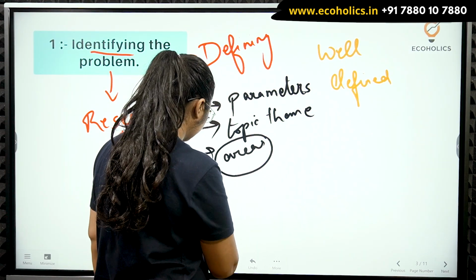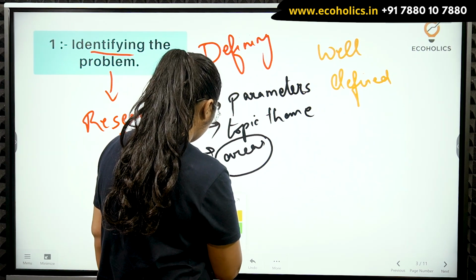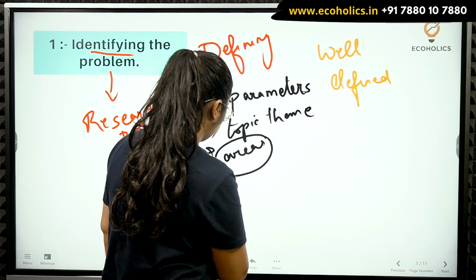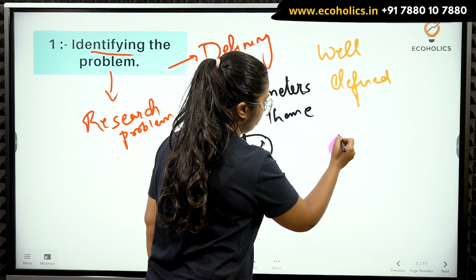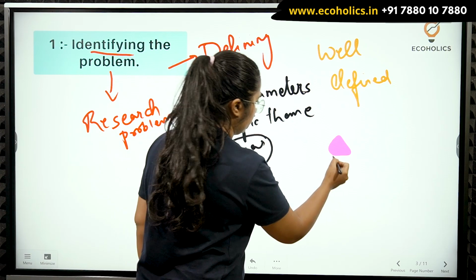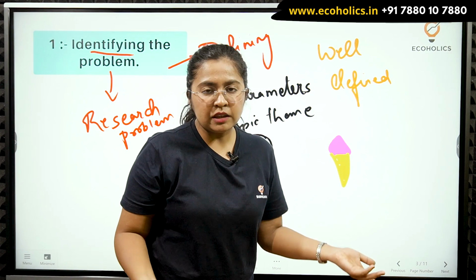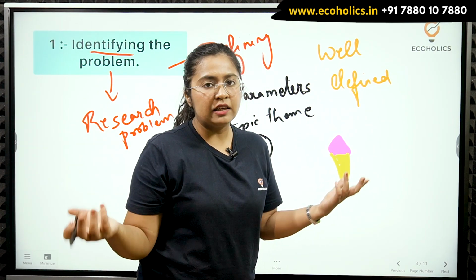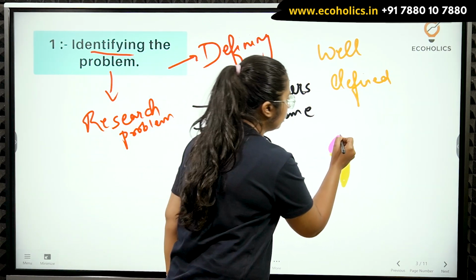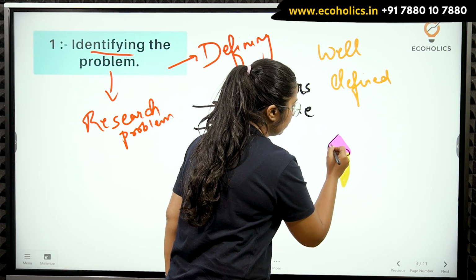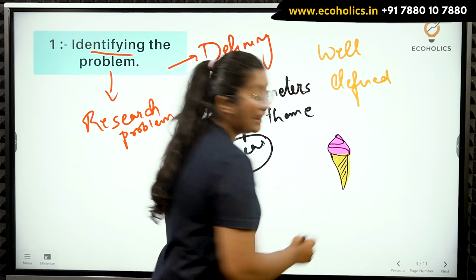For example, if I make something like this, and this looks like a cone, it can be anything, but if you really give a correct outline to it, it becomes like an ice cream.